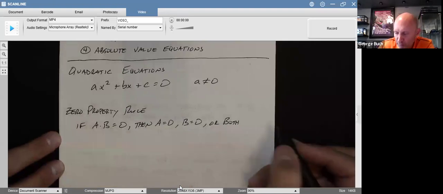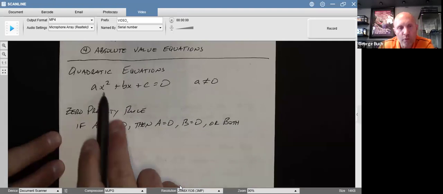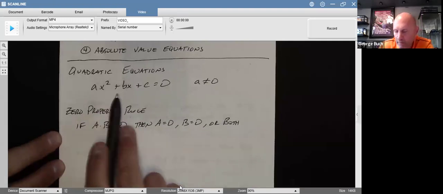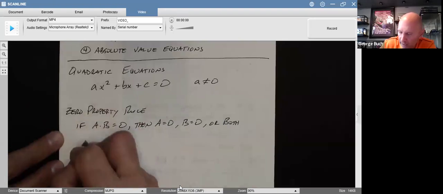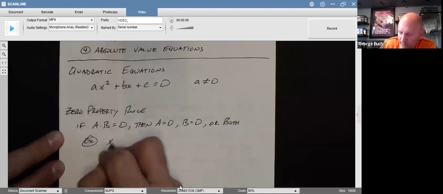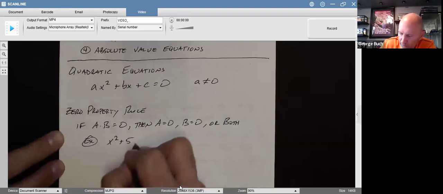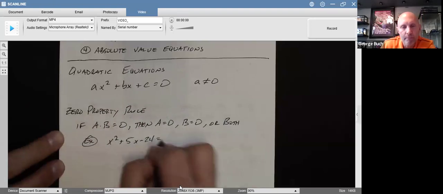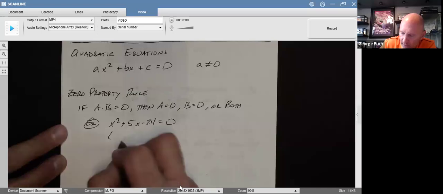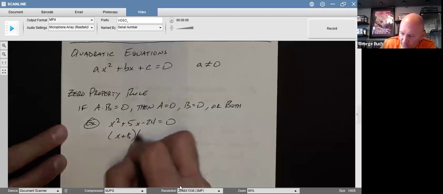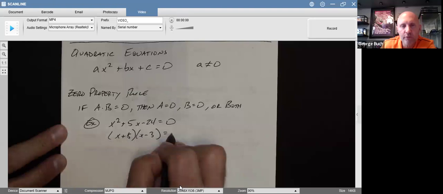And so if I can factor this quadratic equation, let's look at an example quick. Let's say I have x squared plus 5x minus 24 is 0. Well, I can factor this into x plus 8 times x minus 3 equals 0.